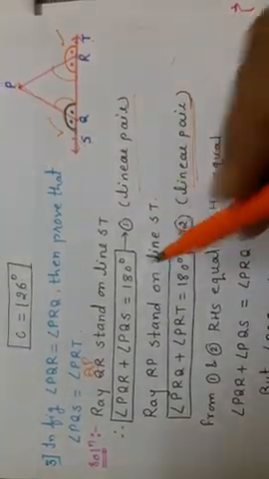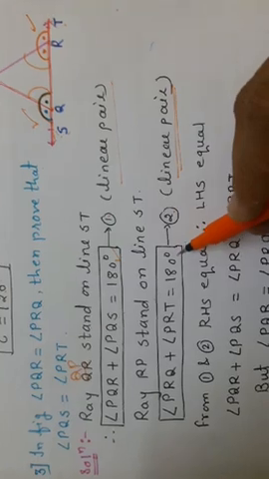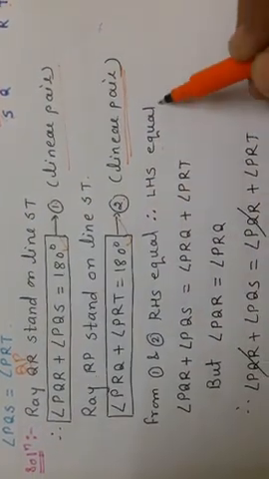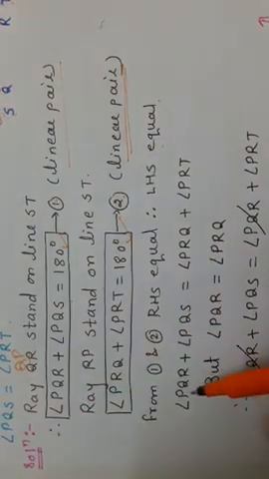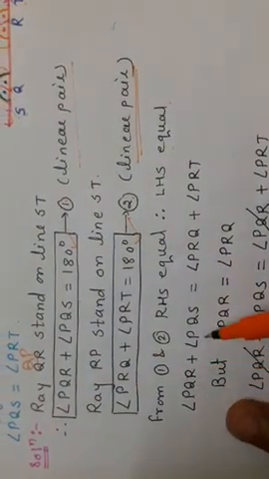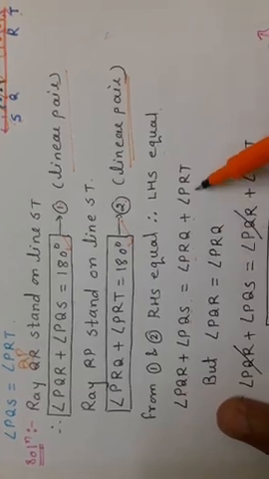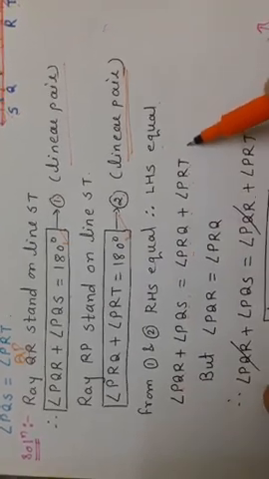From 1 and 2, you are finding 180 degrees is equal on the right hand side, therefore the left hand side is equal. What is left? Angle PQR plus angle PQS is equal to PRQ plus angle PRT.